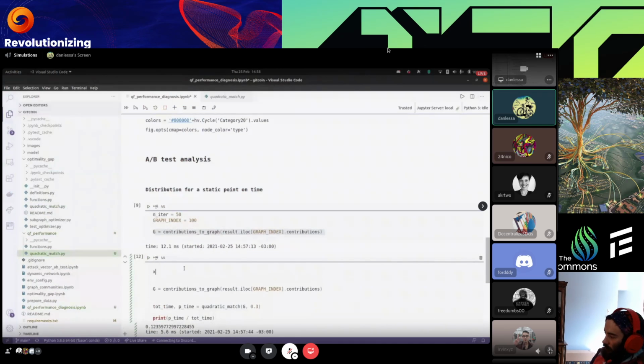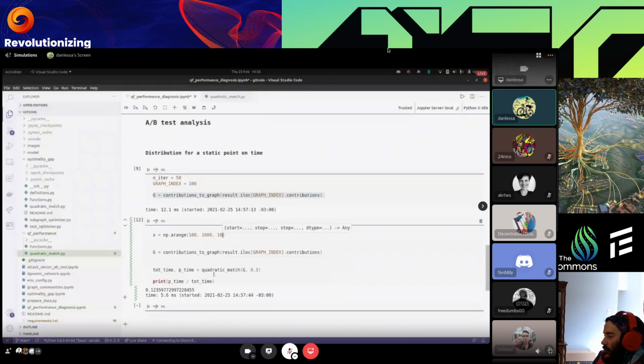So the x-axis is going to be, let me think about, I will arrange 100 to 1000 in 10 steps. No, 100 steps.